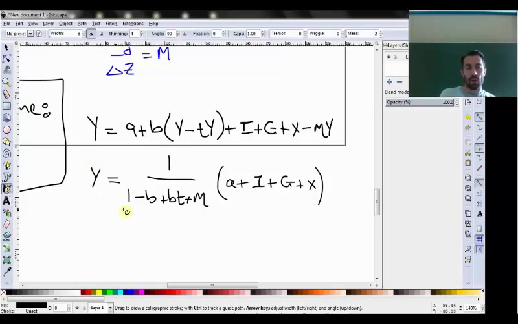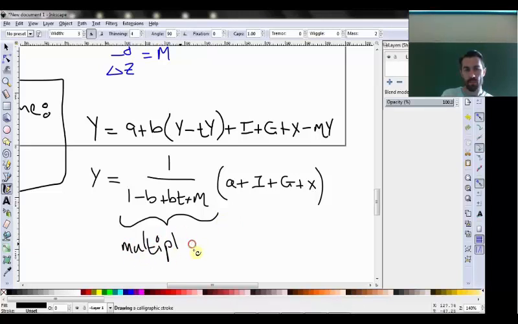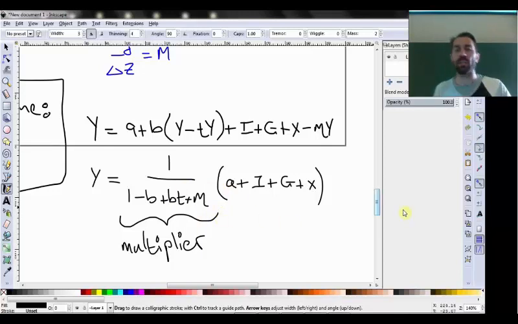Okay, so what do we call this thing over here? The multiplier. When we added a tax rate and we added a marginal propensity to import, how did we change the value of the multiplier?